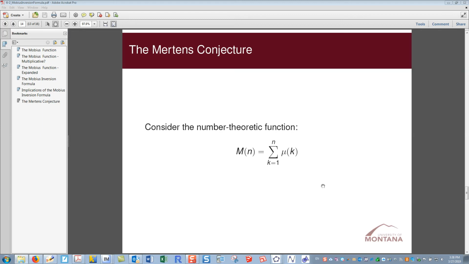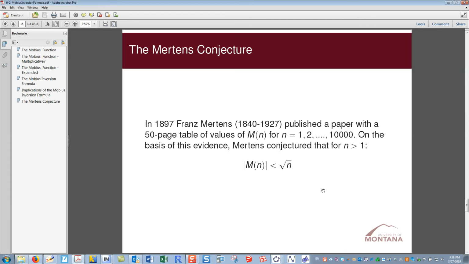But here's the backstory to Merton's conjecture. In 1897, Franz Merton published a paper with a 50-page table of M of n for the numbers 1 through 10,000. And on the basis of this evidence, he conjectured that for any n greater than 1, the absolute value of Merton's function evaluated at n will always be strictly less than the square root of that number.